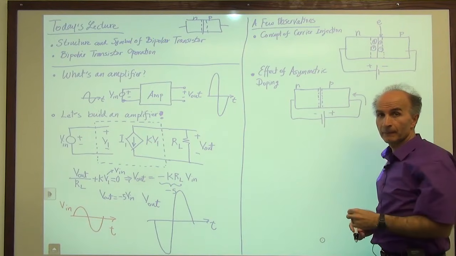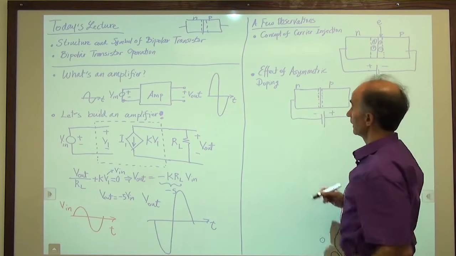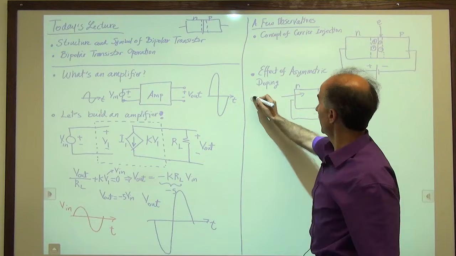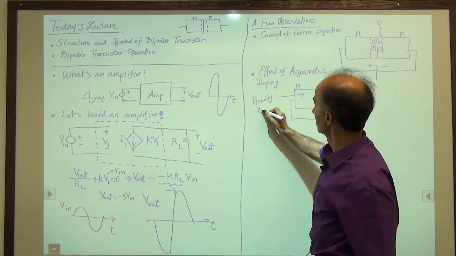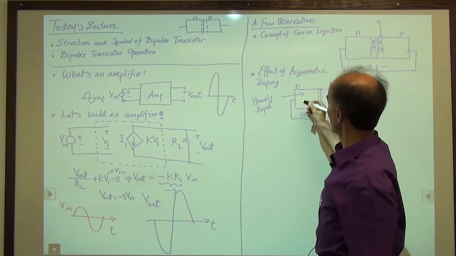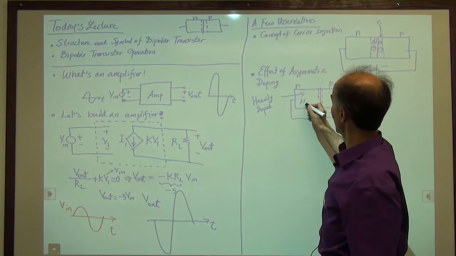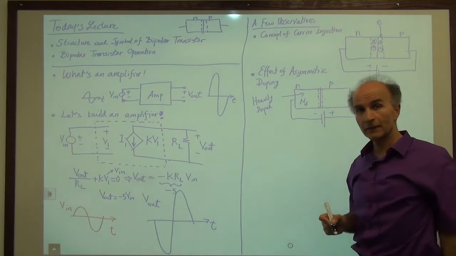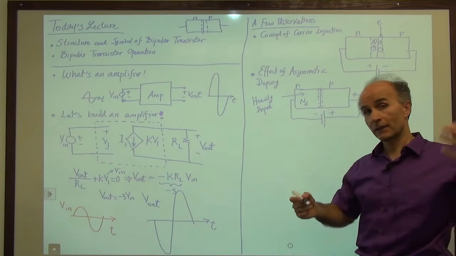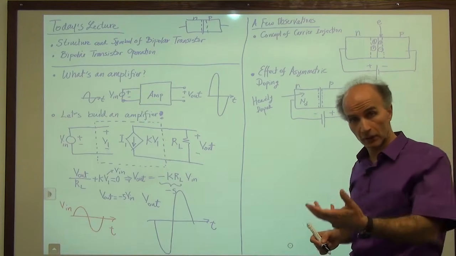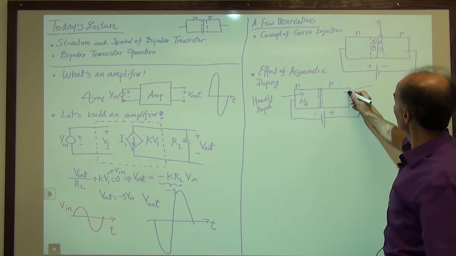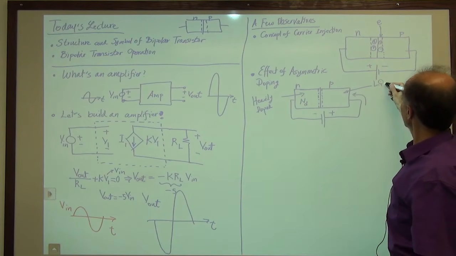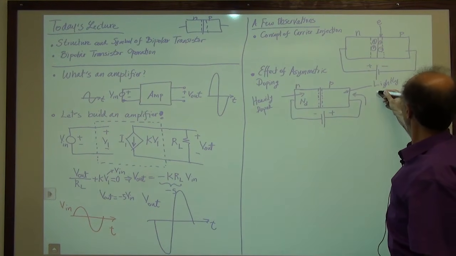What happens? Well, if I have a high doping level here, which I will call heavily doped. So remember, in here, the doping is denoted by N sub D, donor density. So let's say donor density is very high, 10 to the 17 per cubic centimeter. And let's say that this side has only small doping, so we call it lightly doped.